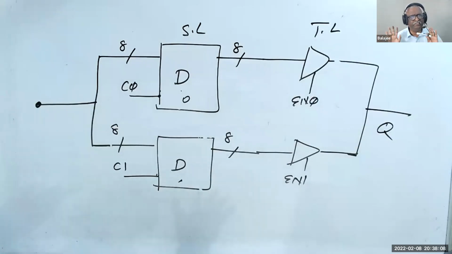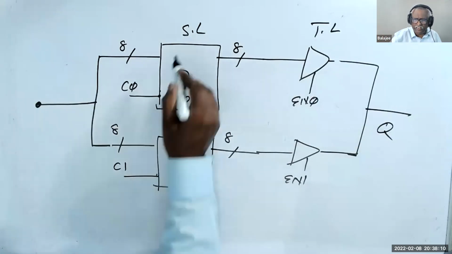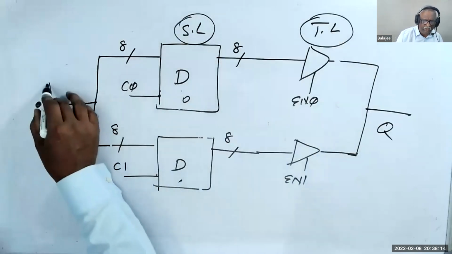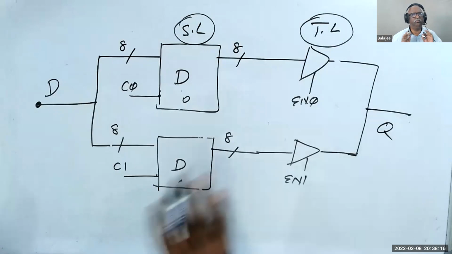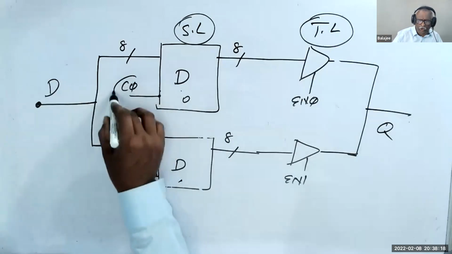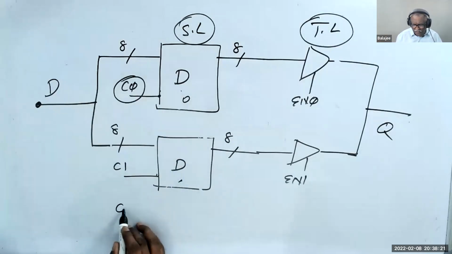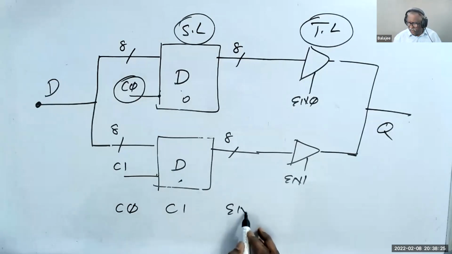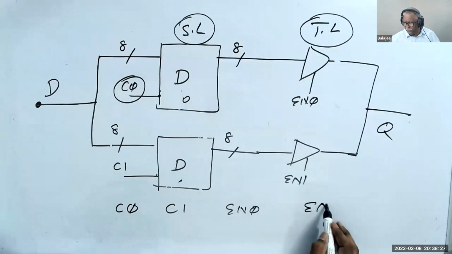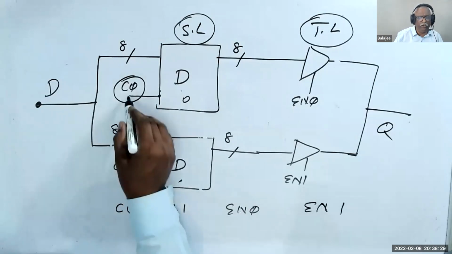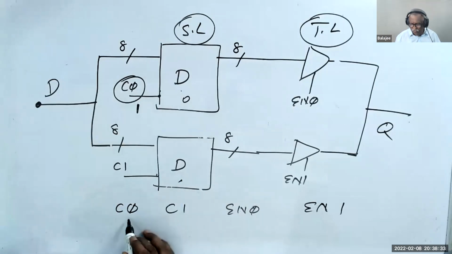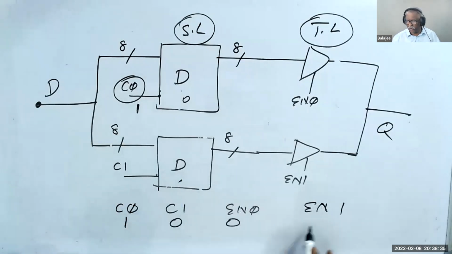Now tell me what is this? I'm using sequential logic. I'm using tri-state logic. I have a D, I have a Q. If I use C0, what happened? I have 4 signals: C0, C1, enable 0, enable 1. If we make C0 1, what happens? All the others are 0.